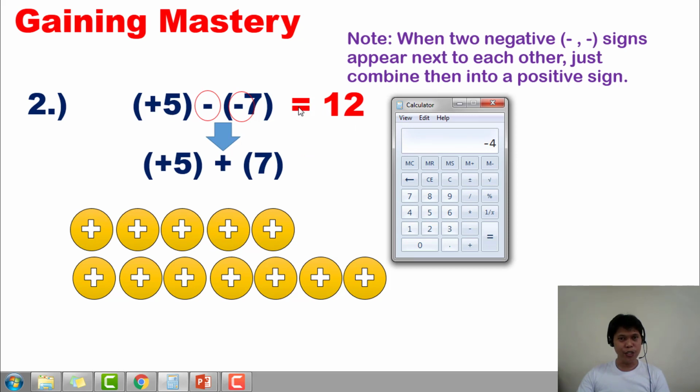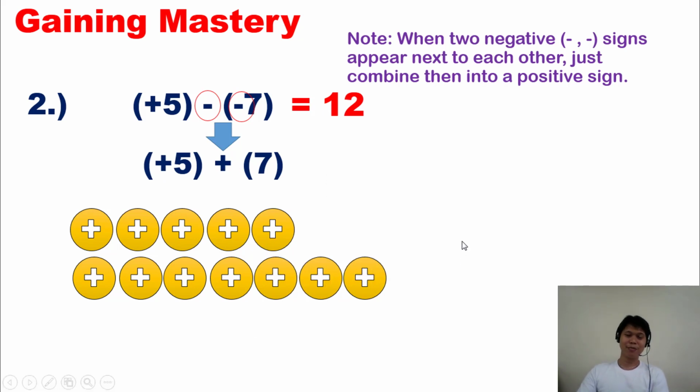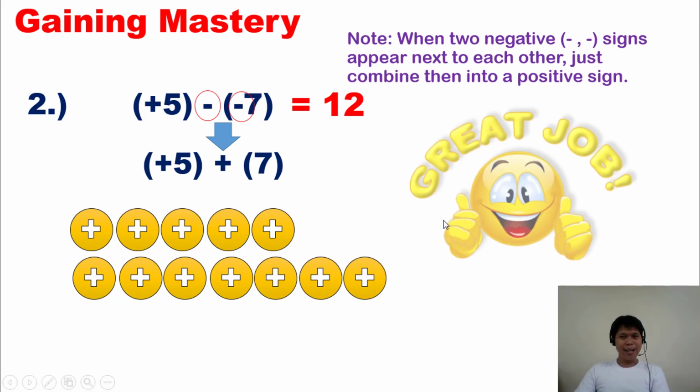So 5 minus, okay, minus negative 7. 5 minus negative 7 is equal to 12. Okay, you see, using the calculator and using the tiles, we have the same answer. So 5 minus negative 7 is equal to 5 plus 7. Okay, that's a new concept.